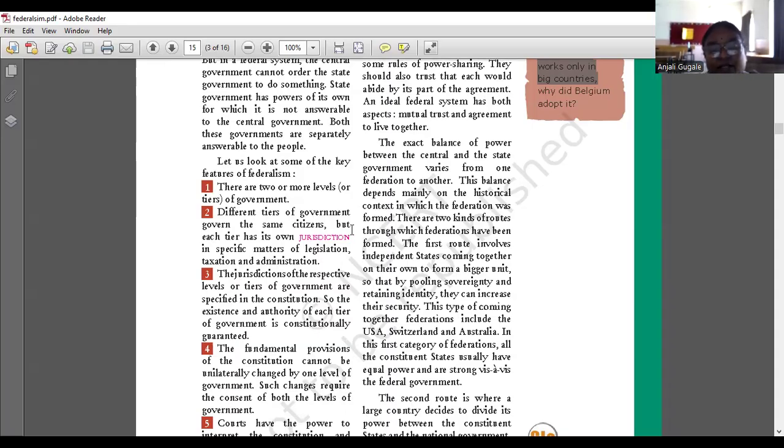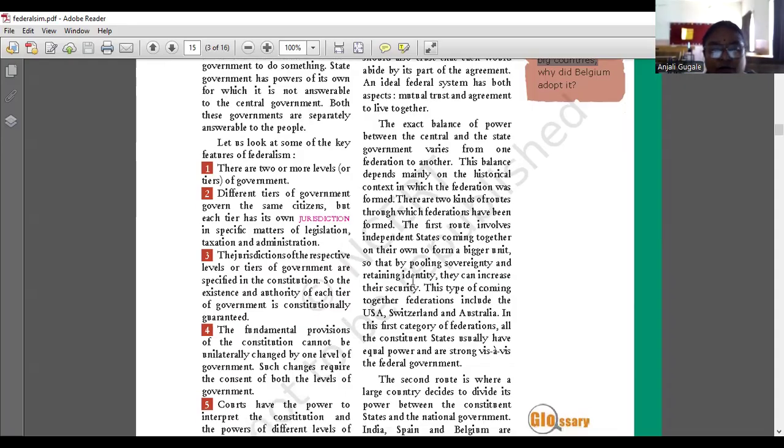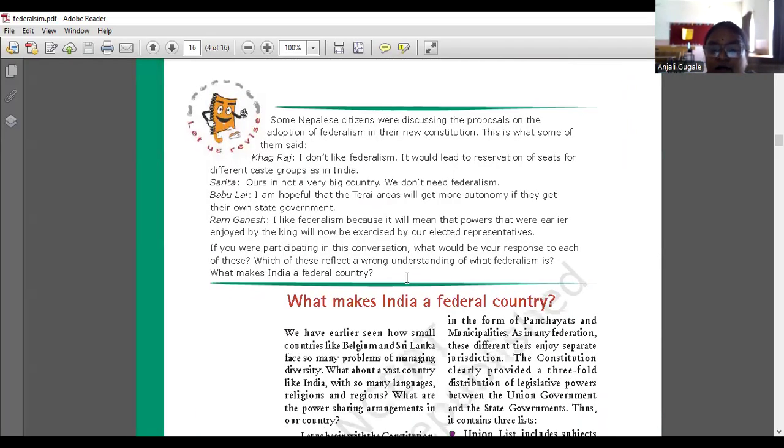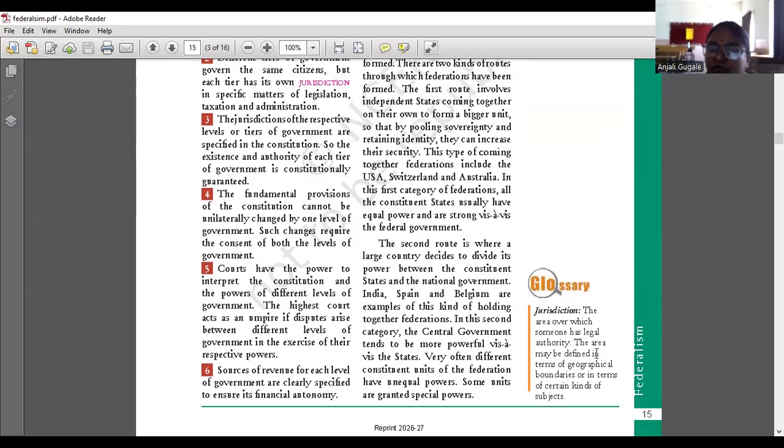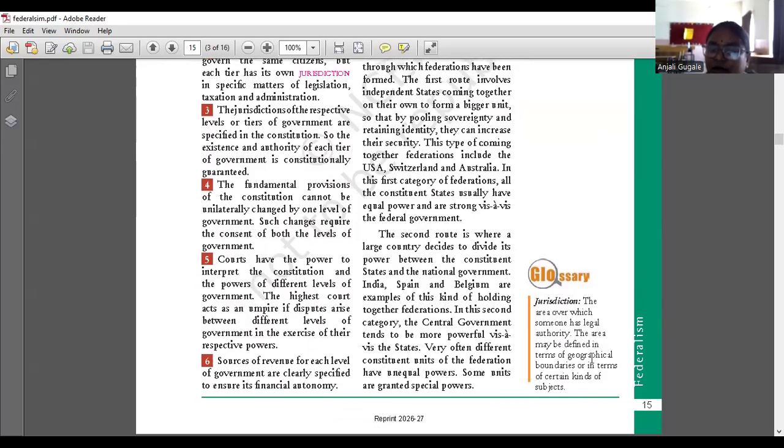So there is a separate jurisdiction for the central government, the political boundary of India, and the jurisdiction for the state of Maharashtra, Madhya Pradesh, or any other state of India will be their political boundary, as explained in the definition of jurisdiction: the area over which someone has legal authority. The area may be defined in terms of geographical or cultural forms, as explained here in the definition.